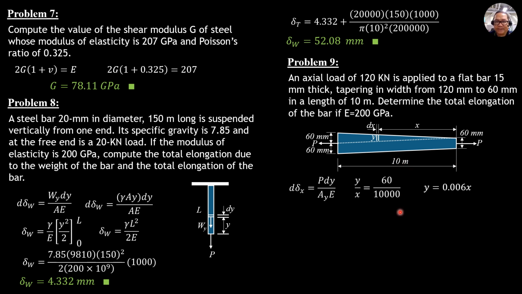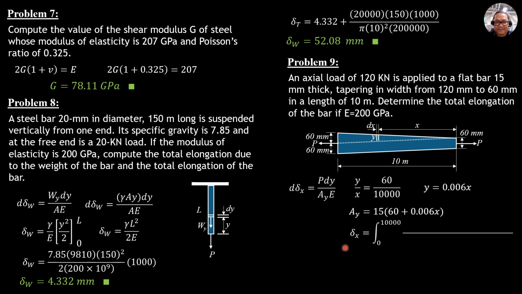So y is 0.006 of x in mm. So that's why area is 60 plus y, quantity times 15. So area is 60 plus 0.006 times x times 15.